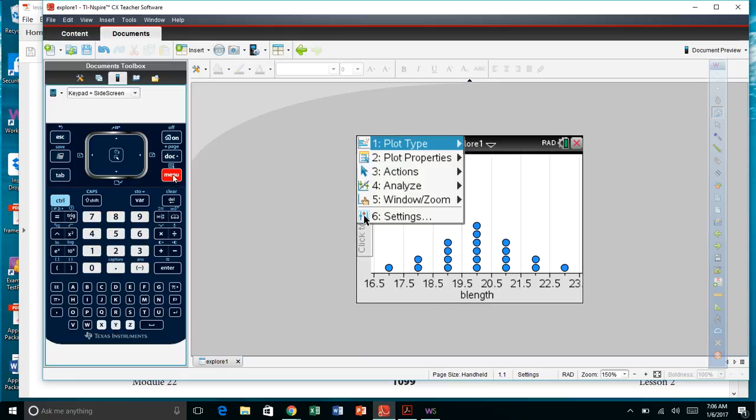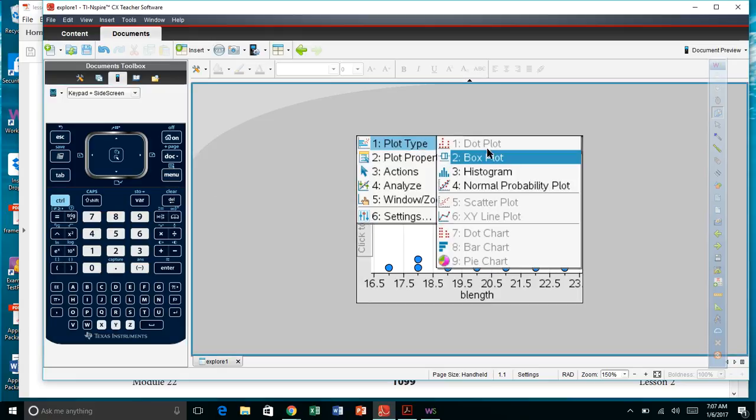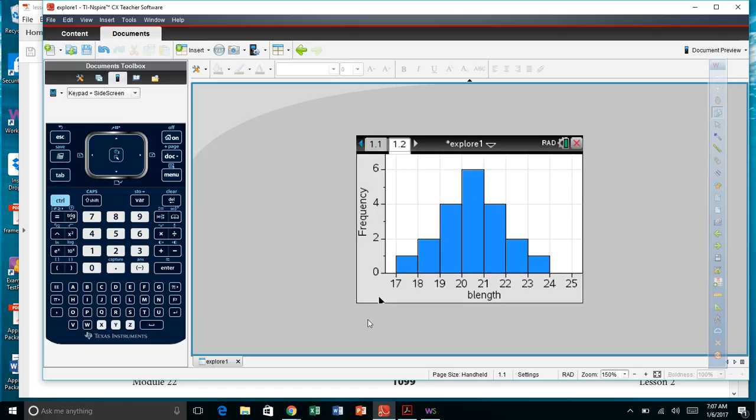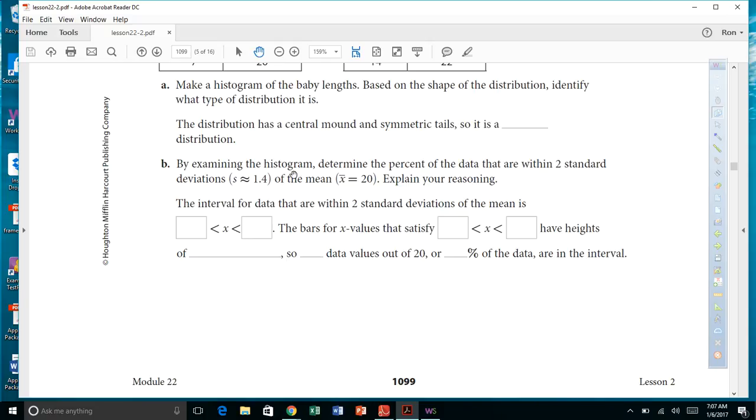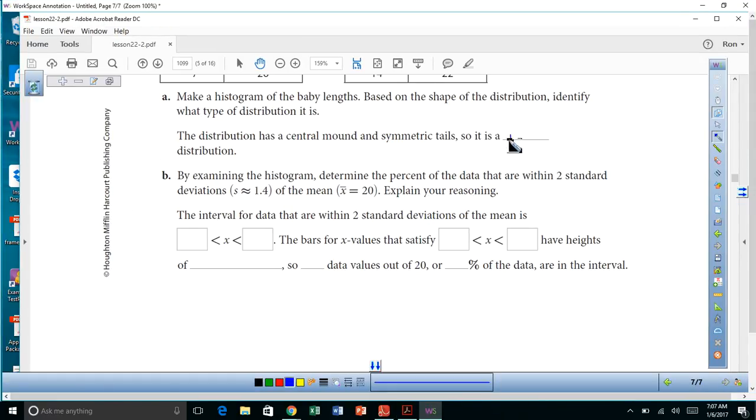It said histogram, so I'm making a histogram. There we go, there's our histogram. That's mound shaped, symmetric. So the distribution has a central mound and symmetric tails. So it is a normal distribution.